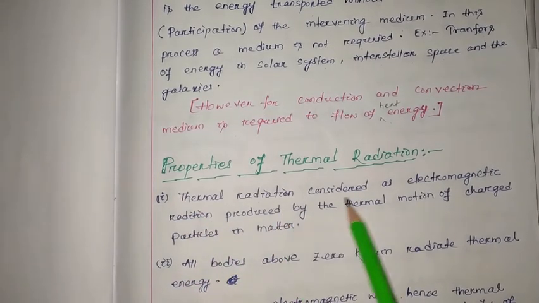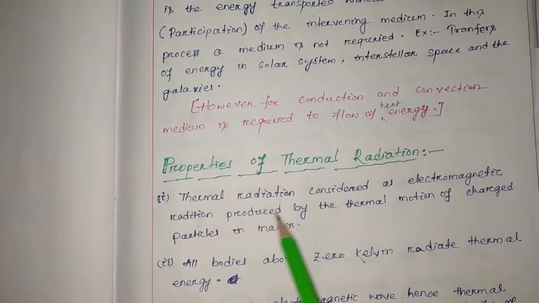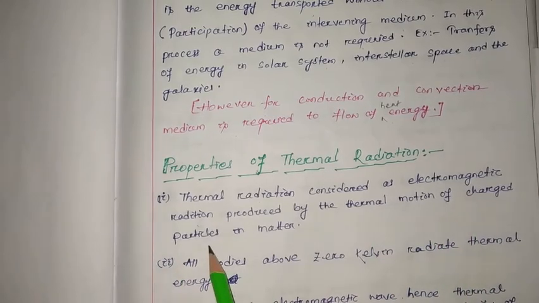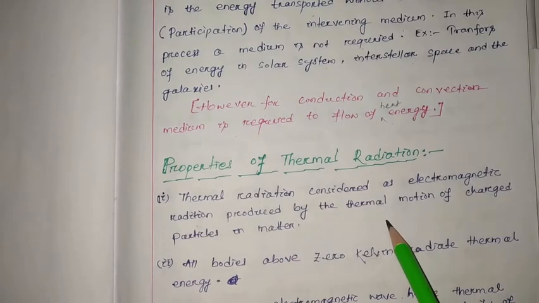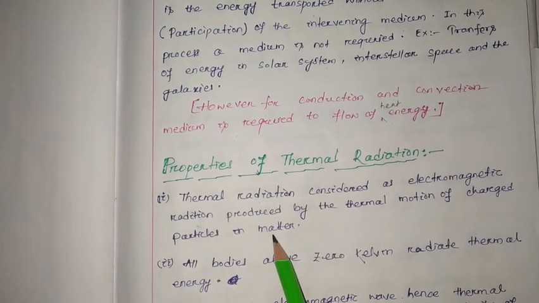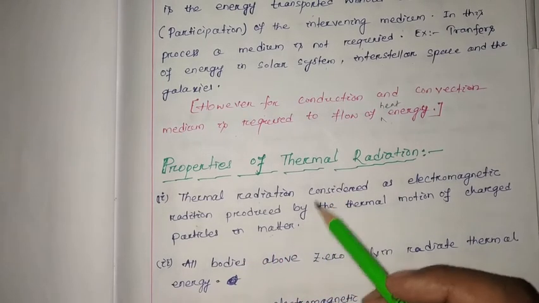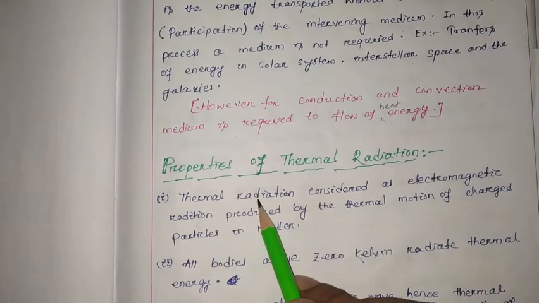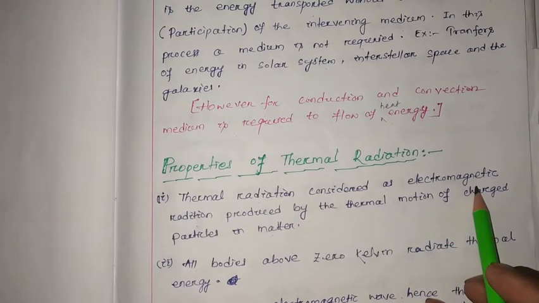Thermal radiation is considered electromagnetic radiation produced by the thermal motion of charged particles in matter. Due to the thermal motion of charged particles in matter, whatever radiation is given towards its surroundings is called thermal radiation, and it is considered an electromagnetic wave.